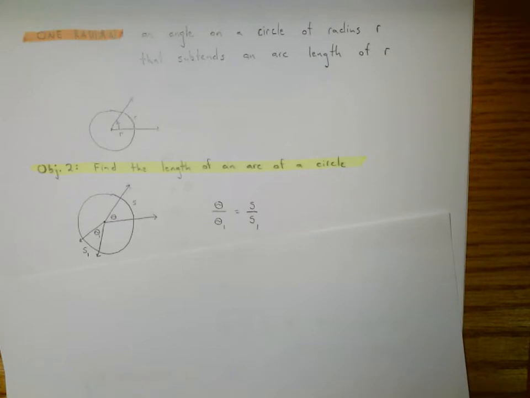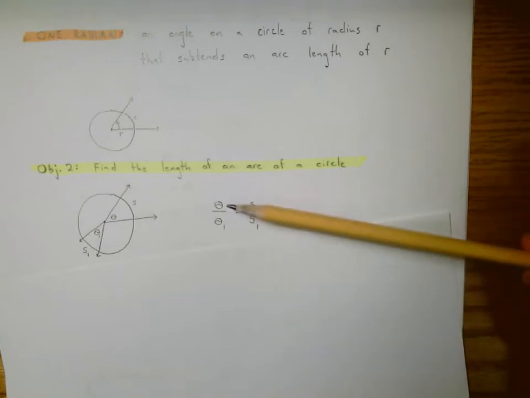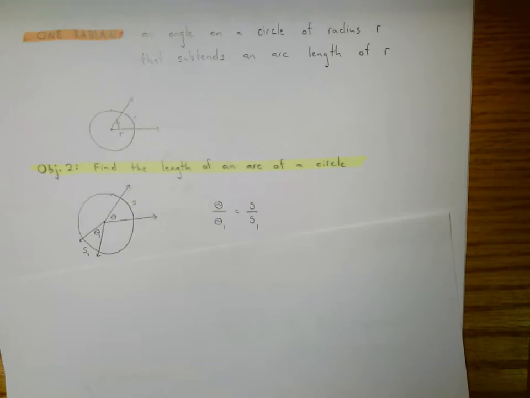So in this picture, I've just drawn 2 arbitrary angles. Each one has its vertex at the center of a circle, and each one subtends an arc length on the circle. And these 2 angles and the subtended arc lengths have to be proportional. So don't worry about scale of the picture. Let's just work algebraically with the proportion.